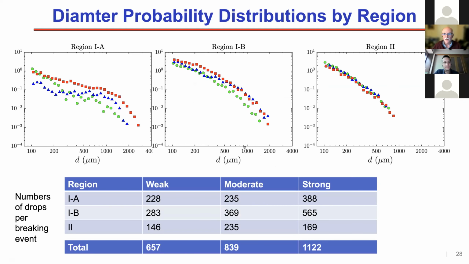If you break up the droplets into 3 regions, this is from the closure of the first indent, which produces that sheet of droplets that flies in the air. There are fewer drops, so the curves start looking wiggly. But you can see a general trend here with the stronger one producing more drops in that region.